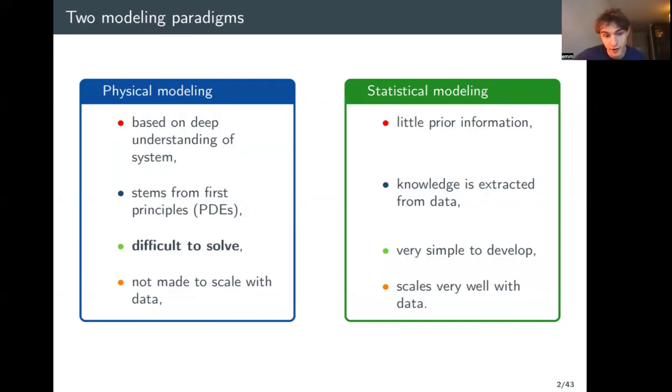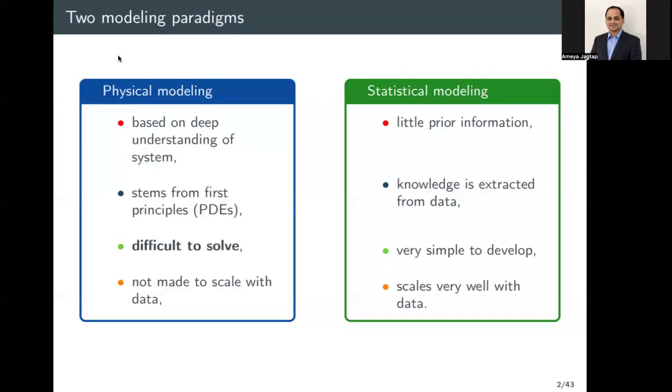Then we derive PDEs, and these PDEs are often very difficult to solve. That's one of the challenges. And maybe as a caveat, these methods were not made to scale with large quantities of data. On the other hand, we have statistical modeling, where we don't.